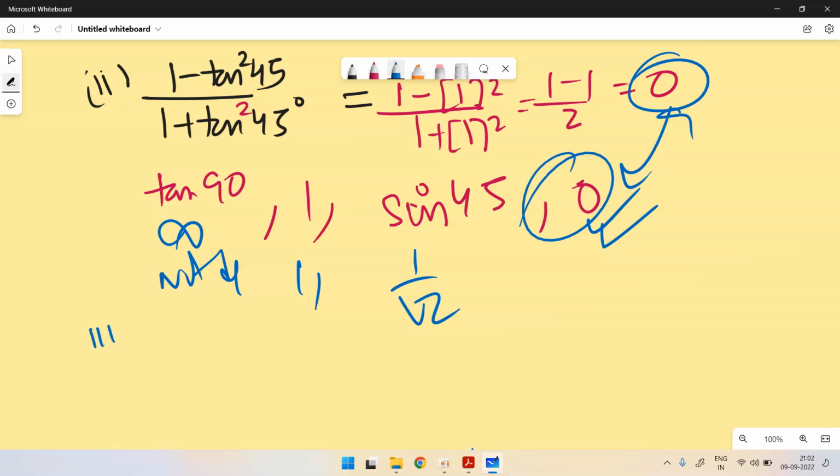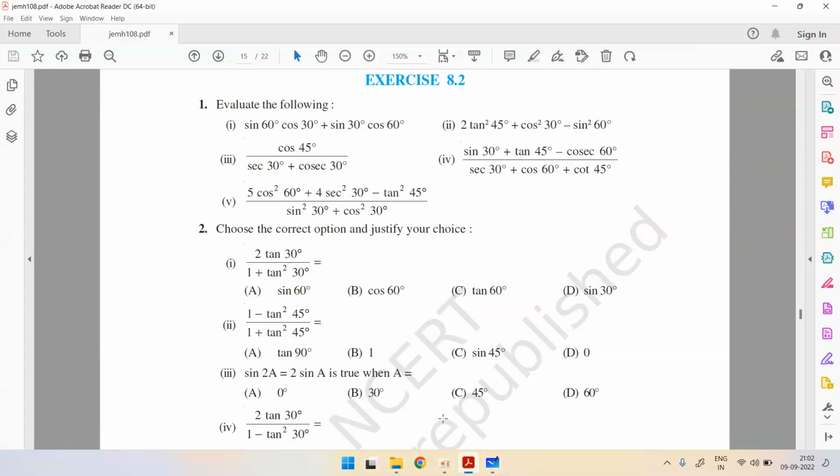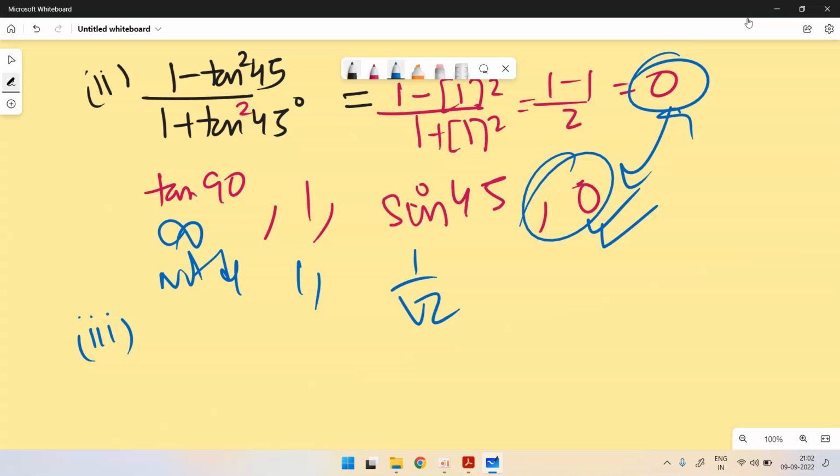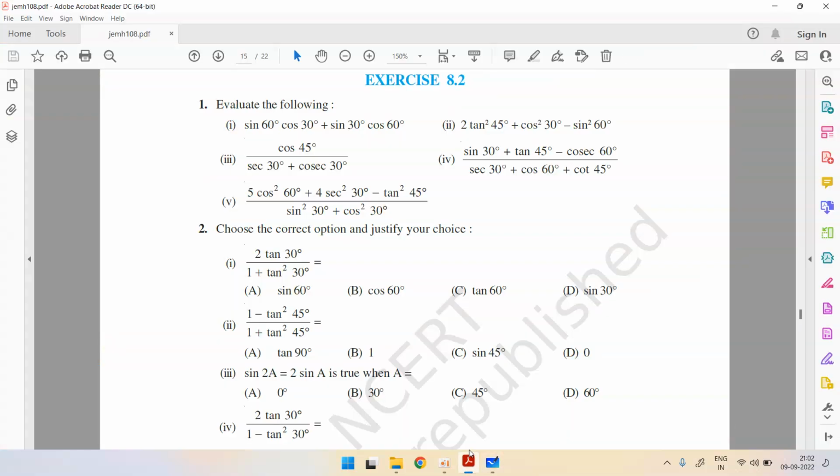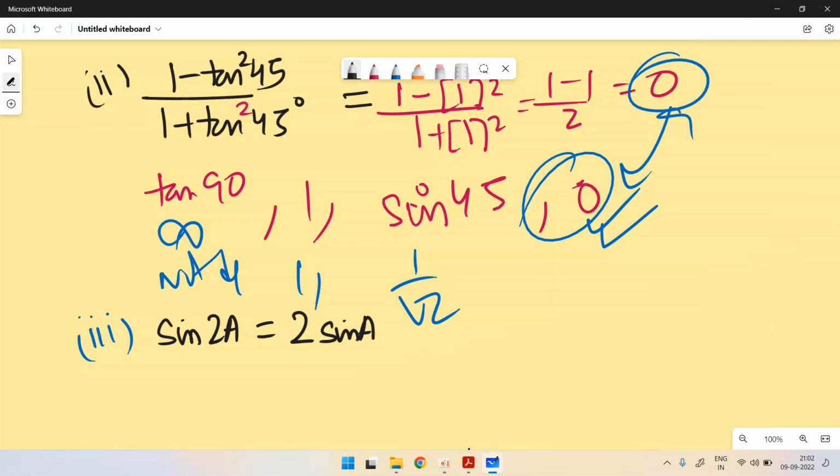Now the third part. What is the third question? Sine 2a equals 2 sine a. It is given that this holds true. Sine 2a equals 2 sine a is true when a is what?